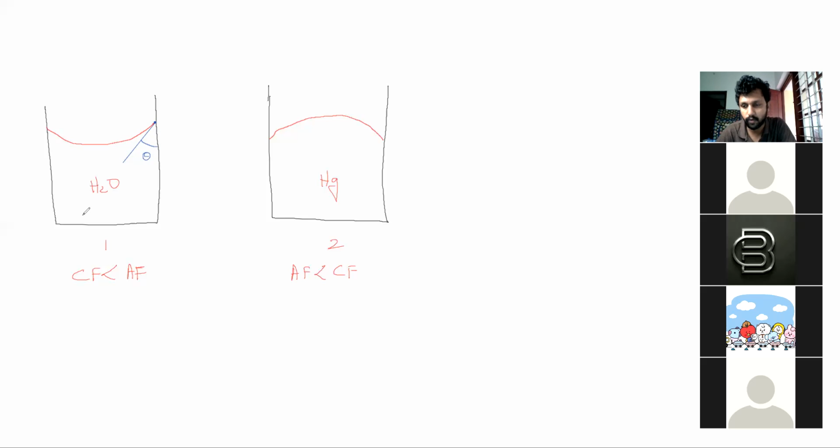the angle of contact. Angle of contact is the angle made by the tangent drawn from the point of contact of the liquid and the vessel to the vessel under the liquid.